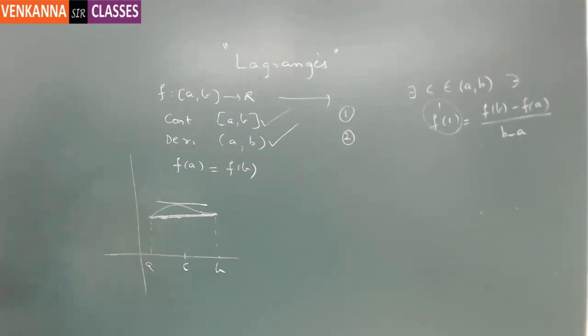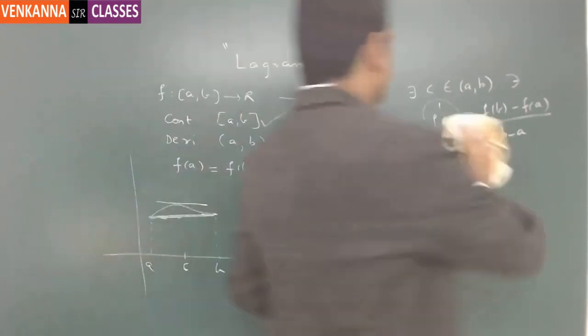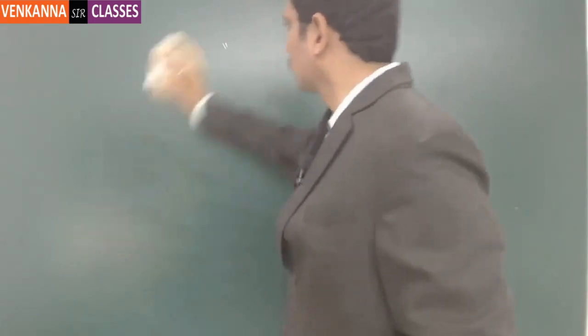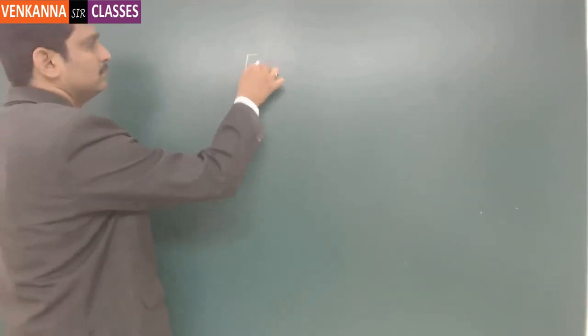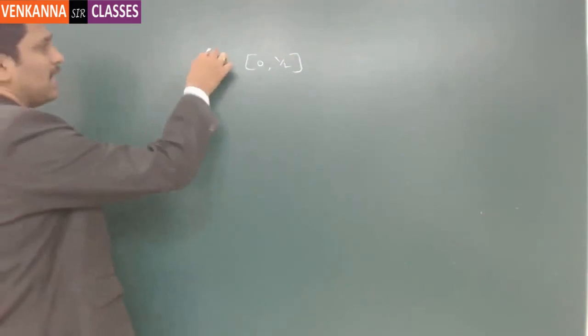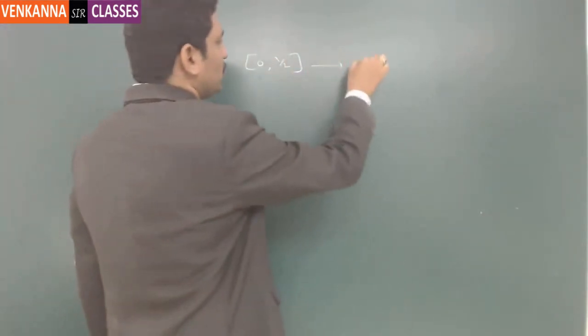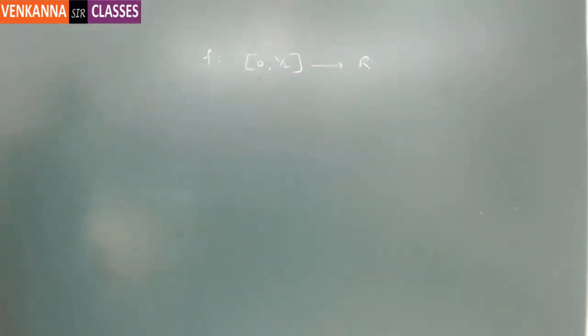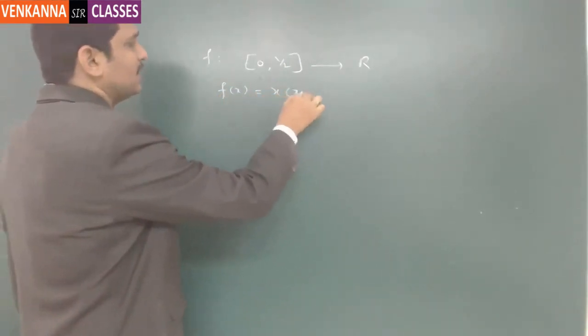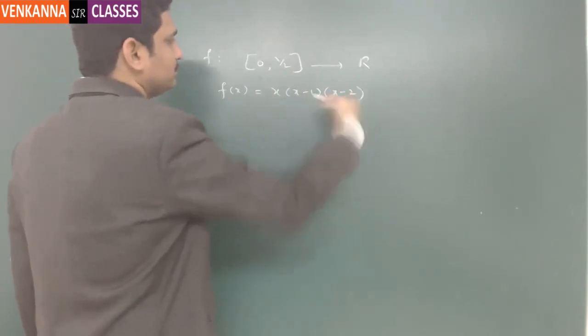I will make space here. So you consider the interval [0, 1/2] and f from [0, 1/2] to R defined as f(x) = x(x - 1)(x - 2).